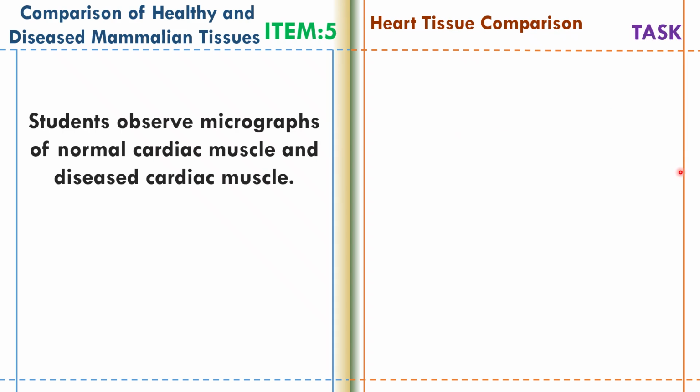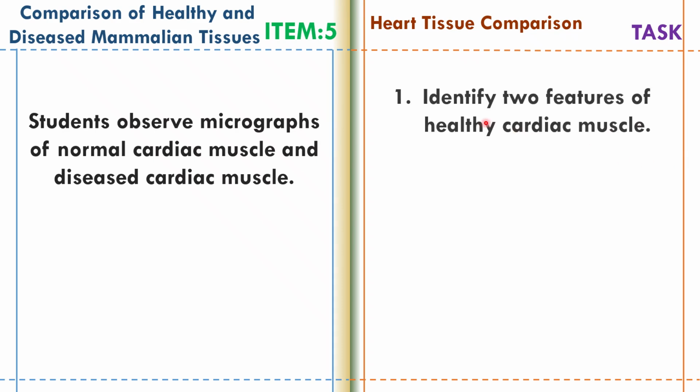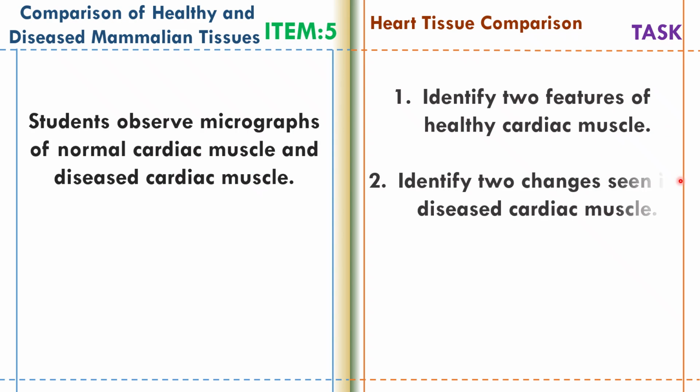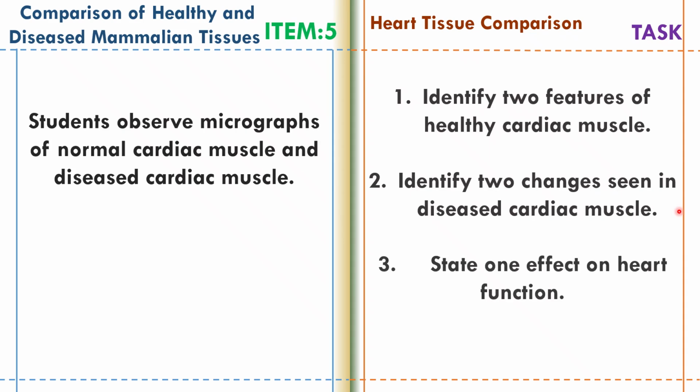Task. Identify two features of healthy cardiac muscle. Identify two changes seen in the diseased cardiac muscle. State one effect on heart function.